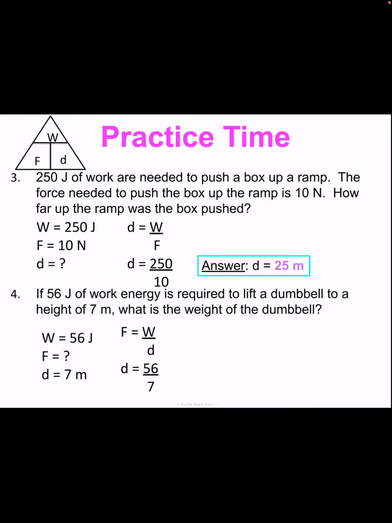And some of you might be able to do this without a calculator. It'll give you a nice even number of 8. So again, that's a lowercase w there in terms of the answer. So not the work, but your weight equals your force, which equals 8 newtons.